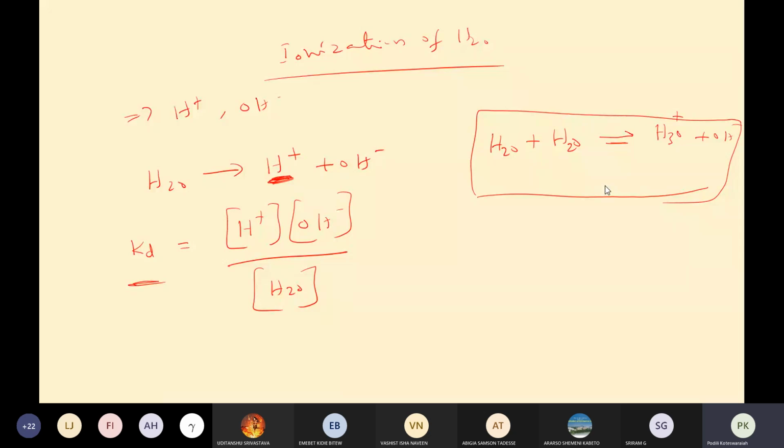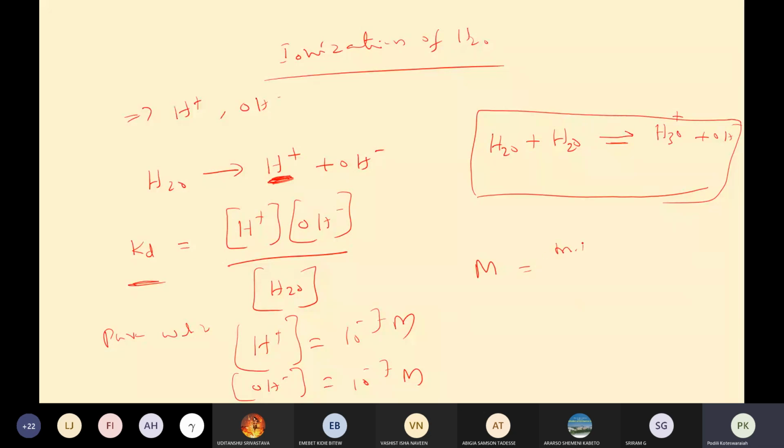In the ionization of water, it gives both H plus and OH minus ions, and the dissociation constant Kd depends upon the concentration of H plus and OH minus divided by the concentration of water. But in pure water, the H plus ion concentration is 10 to the power of -7 molar. In the same way, the OH minus ion concentration is also 10 to the power of -7 molar. From this, the molarity of water can be calculated.